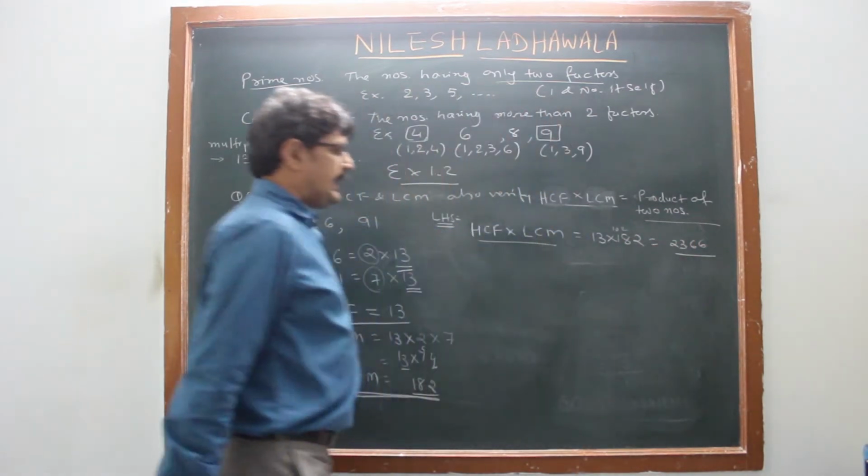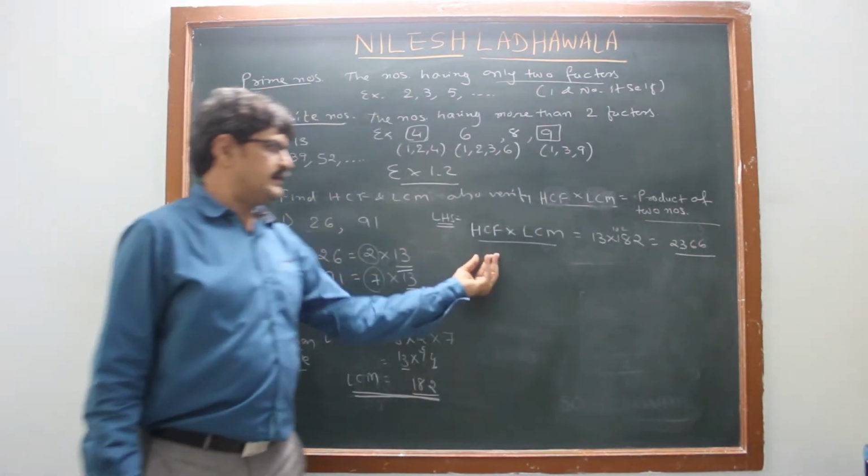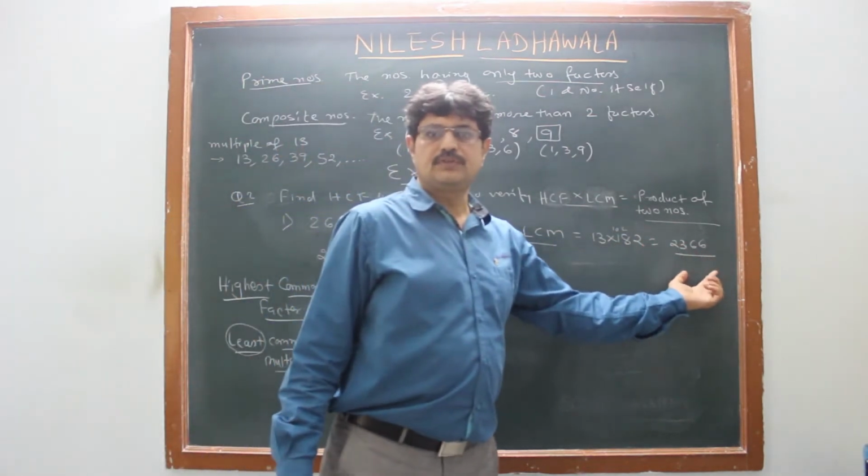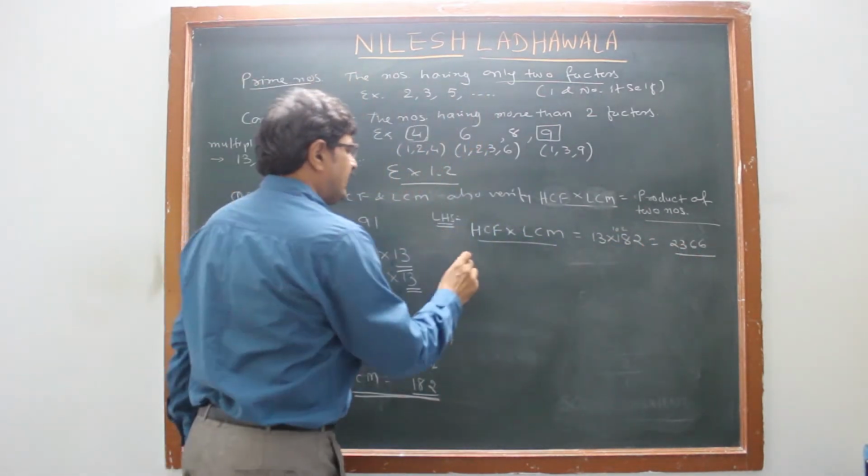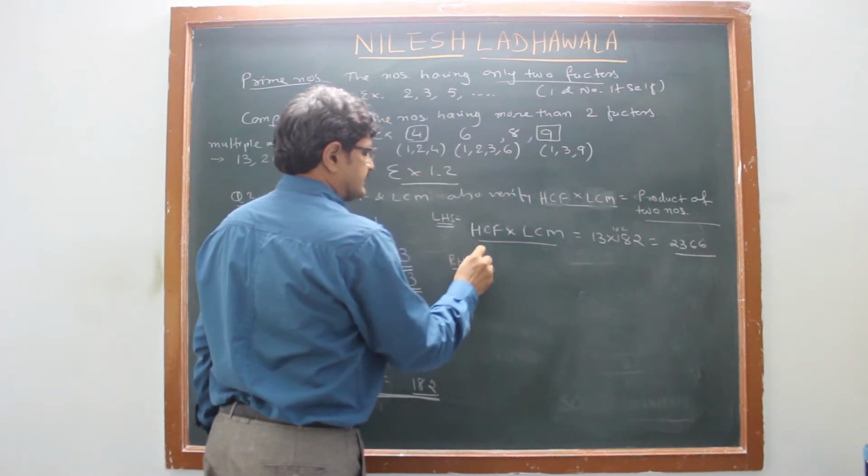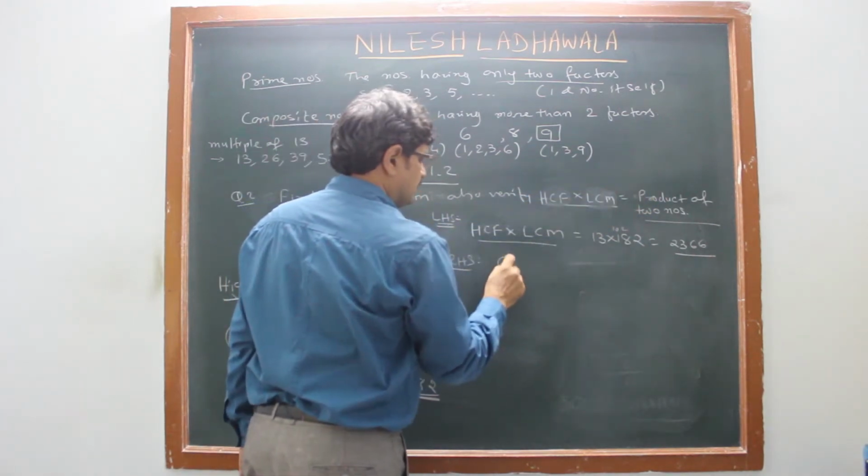So the LHS, that is HCF into LCM, is 2366. Now I will find the RHS, the right hand side, which is the product of two numbers.